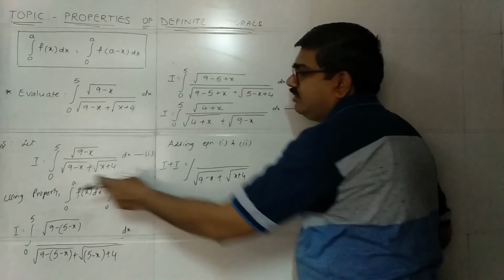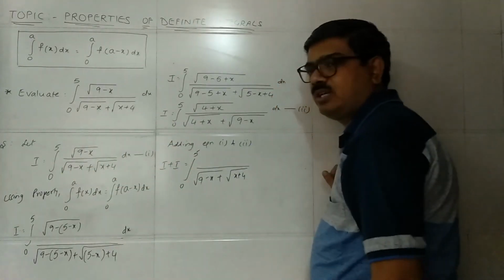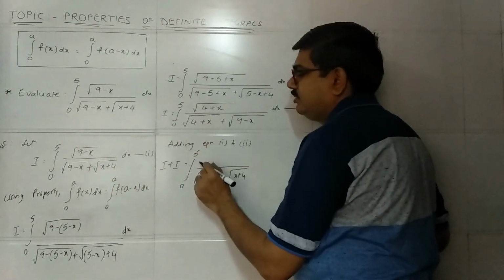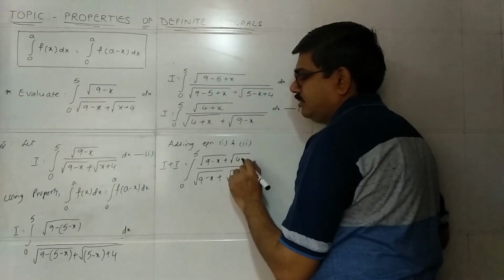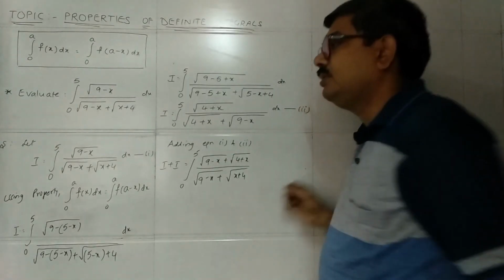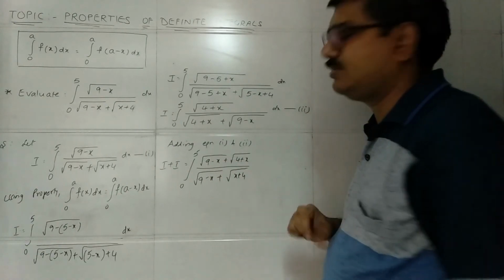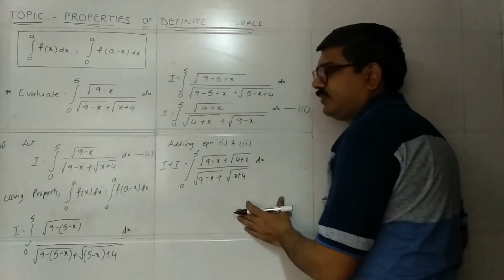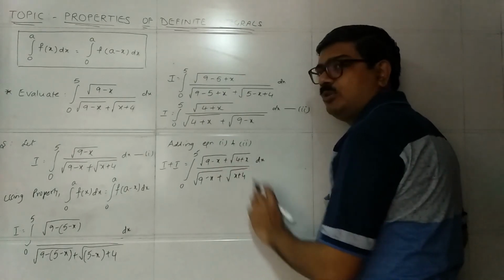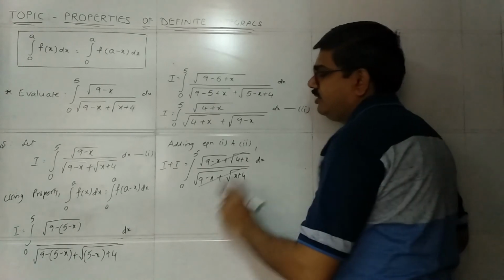The limits are also the same, 0 to 5, so take integral 0 to 5. In the numerator, you add both numerators: root of 9 minus x plus root of x plus 4 dx. As usual, numerator and denominator are the same, so cancel both. We get 1.